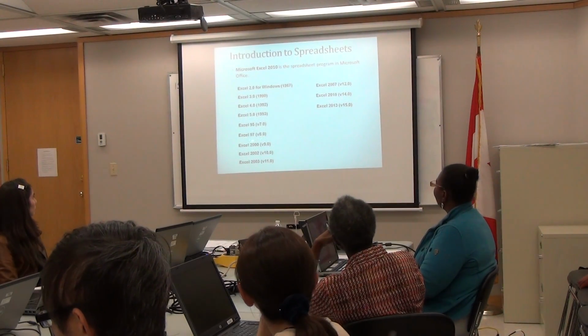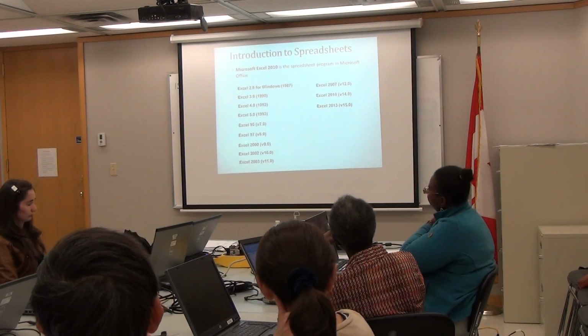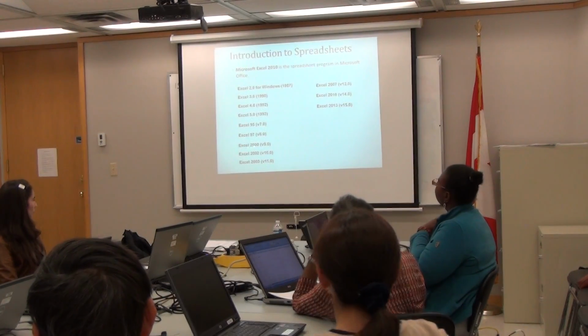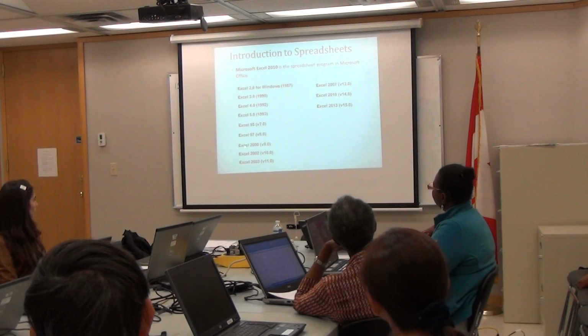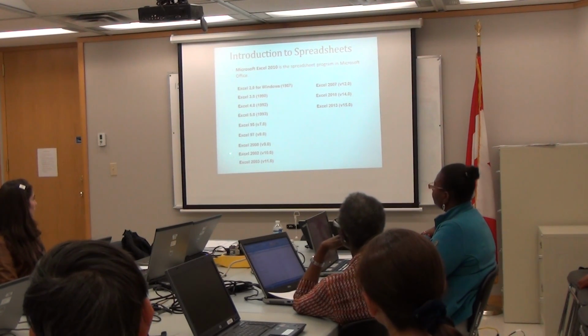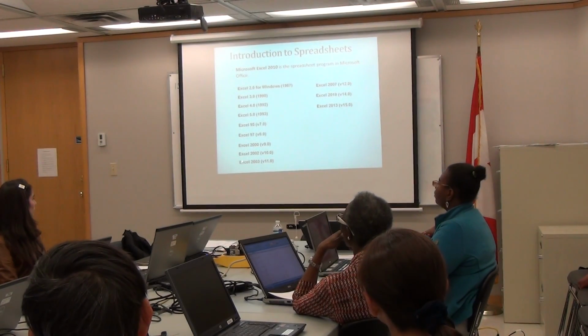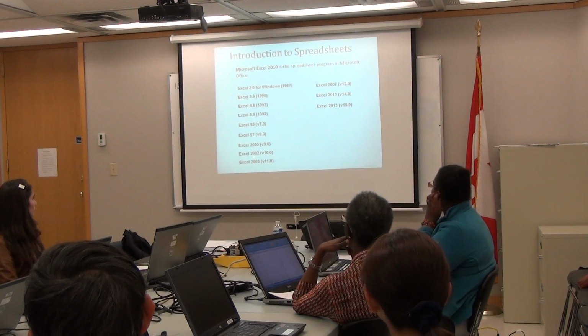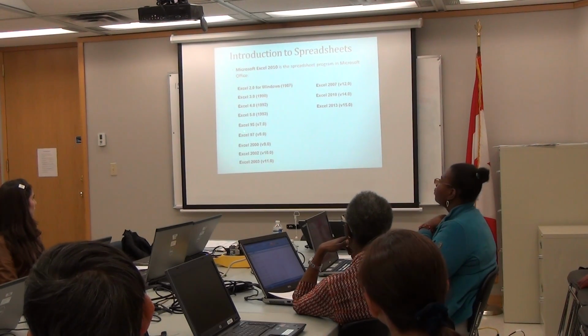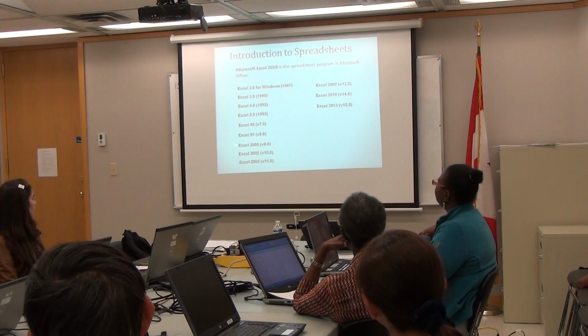Version 8 was in 1997. In the year 2000 they came up with version 9. And then version 2002. It's commonly known as version 2002, but technically it's version 10. And 2002 refers to the year that the software was developed, right?